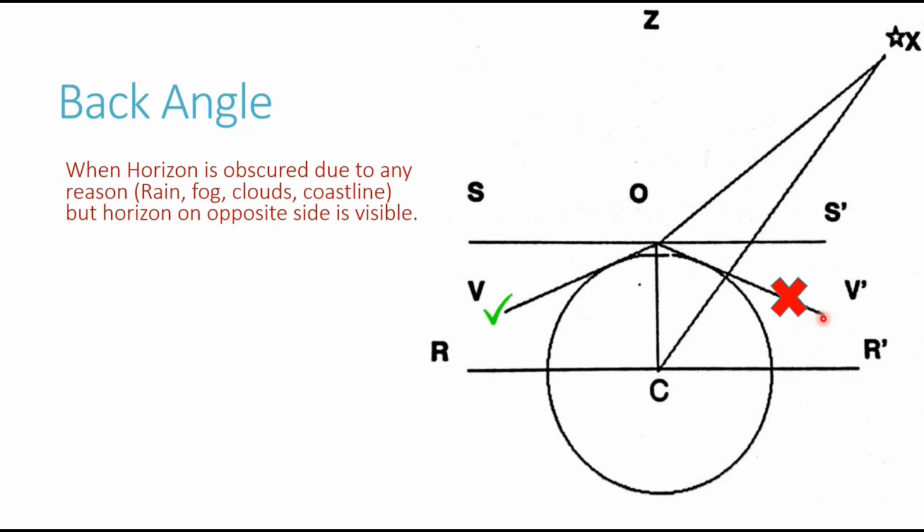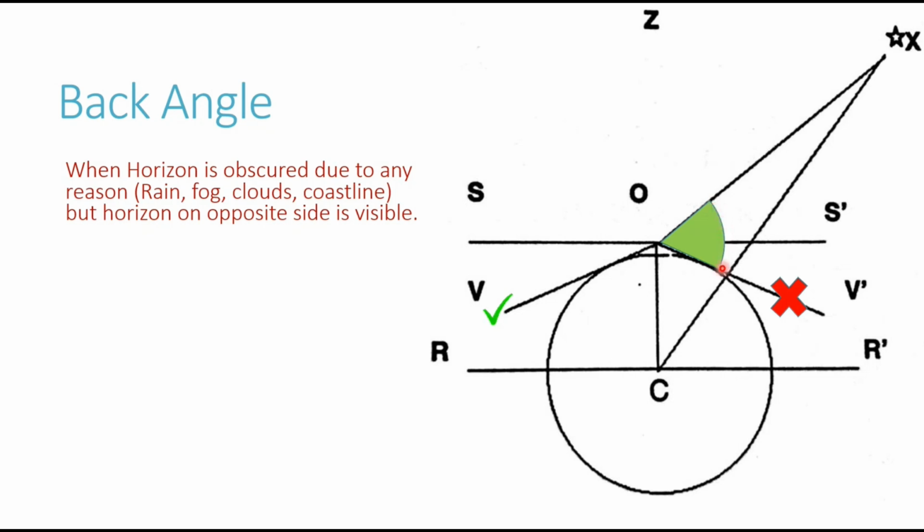Now let's try to understand what this technique is. In a normal scenario, if this coastline or rain or fog or cloud was not there and the horizon OV dash in the direction of the celestial body was visible to us, we would have obtained this particular green color angle using our sextant.